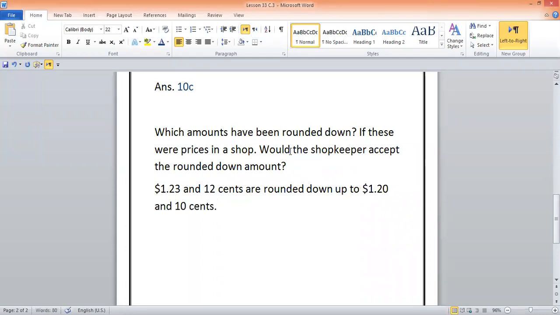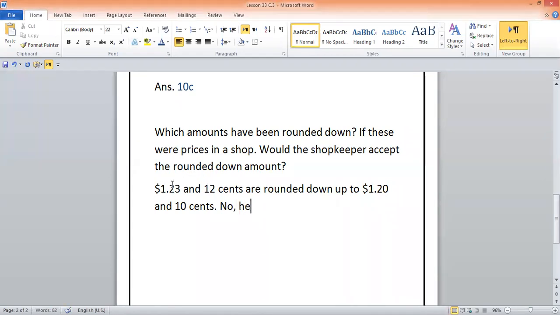The second question is, would the shopkeeper accept the rounded down amount? No, guys. He will not accept the rounded down amount. He can take more money from you, but he will not take a loss.